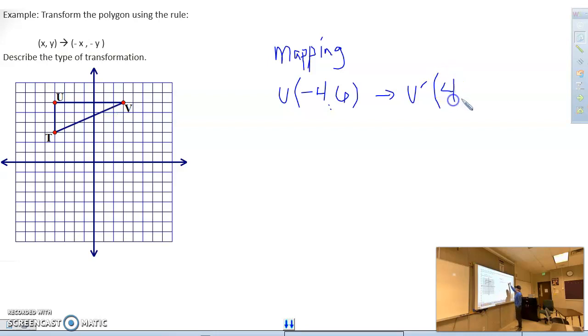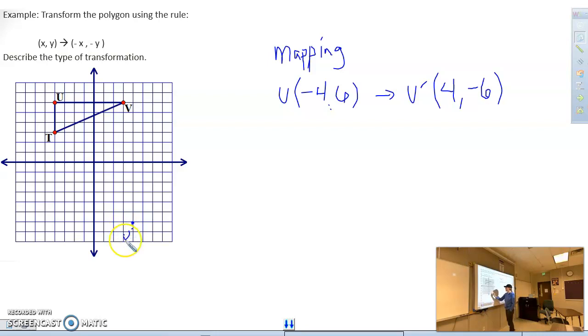So change negative 4 to positive 4, and positive 6 to negative 6. So here, I'm going to go right 4 and then down 6. Okay, and that would be U prime.